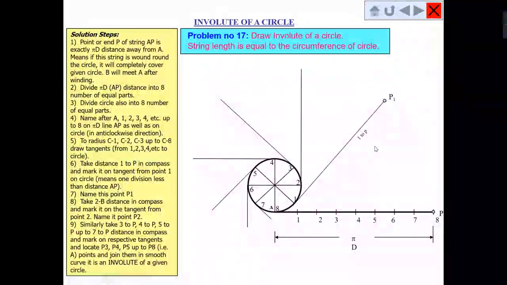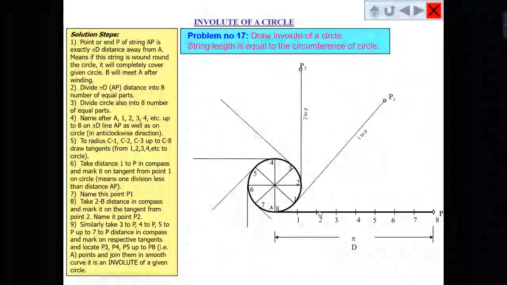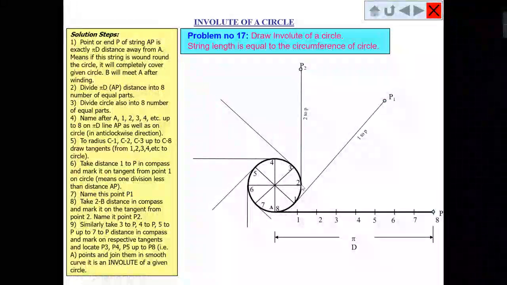So this is your way. When you want the string up to here, then your point 2 will touch point 2 on this circle.